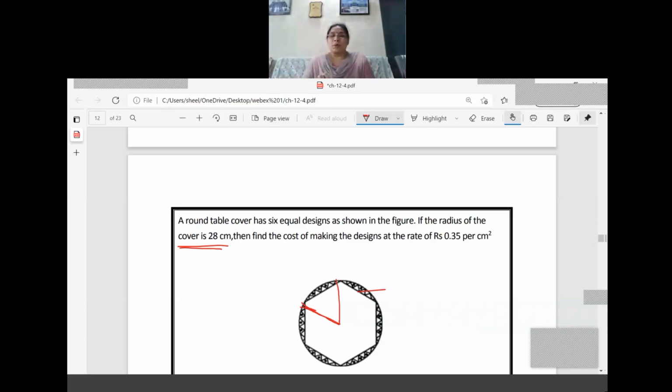So now what is the point, how to calculate the area of the design? If you go for the diagram, the design part, where it is given, it looks like a segment only after joining the radii. Clear this one?